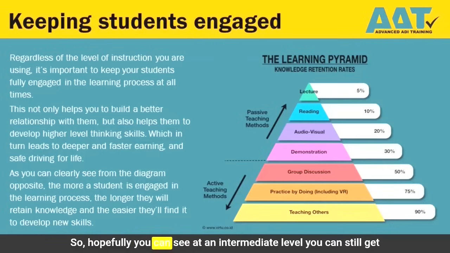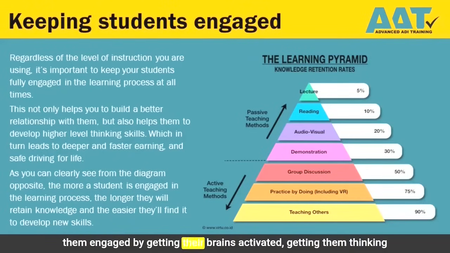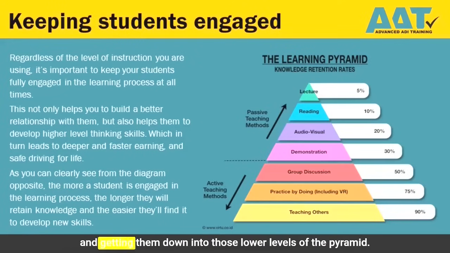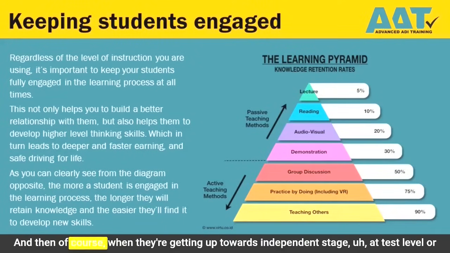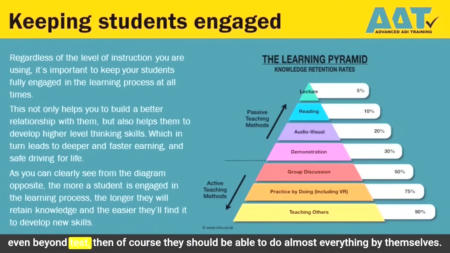So hopefully you can see at an intermediate level, you can still get them engaged by getting their brains activated, getting them thinking, and getting them down into those lower levels of the pyramid. And then, of course, when they're getting up towards independent stage, a test level or even beyond test, then of course they should be able to do almost everything by themselves.